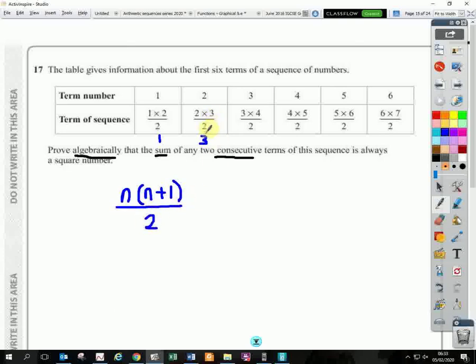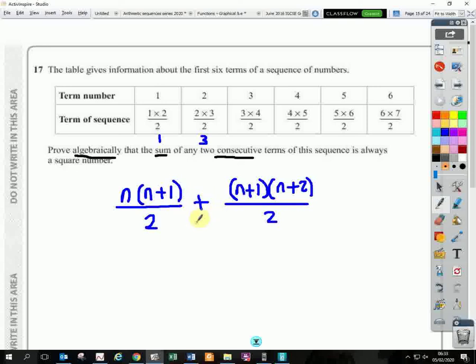And for the next fraction, the first number is the same as the last number from the previous fraction, so that's n plus 1, and we're multiplying it by one more than that number, so 1 more than n plus 1 is n plus 2, and then we're adding them together.